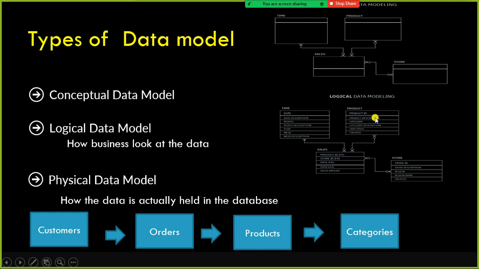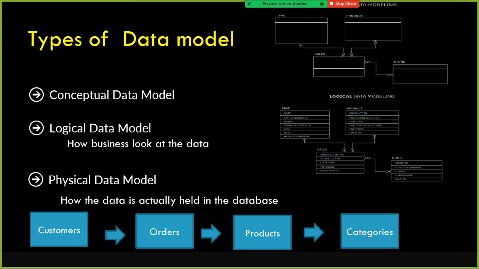And we define the attributes, which are nothing but the columns, for each entity as part of the logical data model. When it comes to the physical data model, this is where we define the foreign key, primary key, and also we specify the data type of each column and the width of each column.